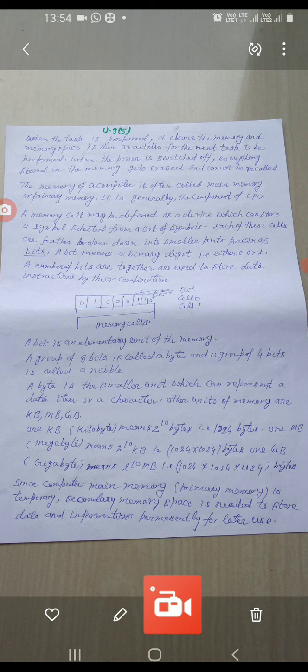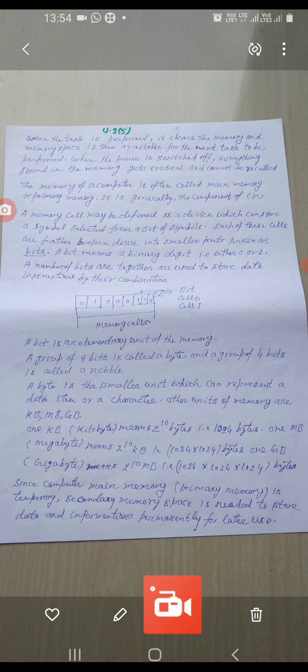This is put as cells, 0 1 0 1 0 0 1 0 0, and bits, cell is 0, cell is 1. So you can see in the figure and understand what is the bit, what is the cell.